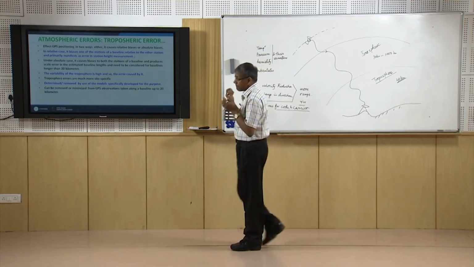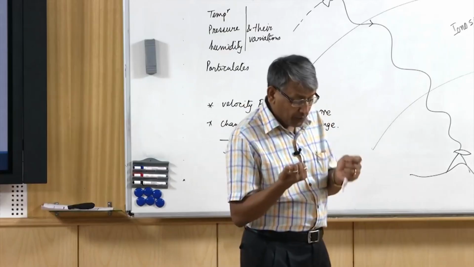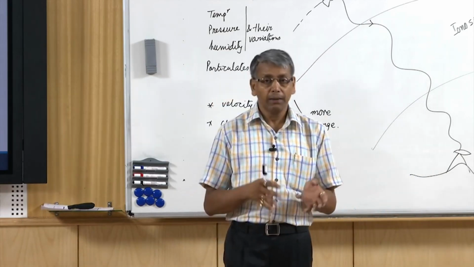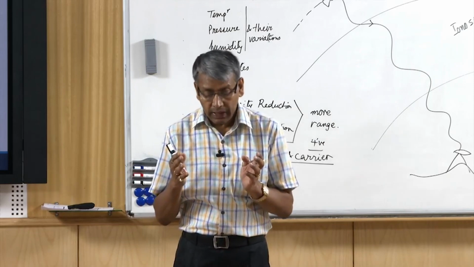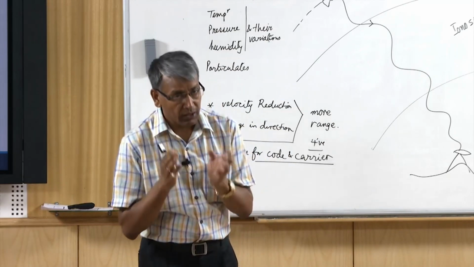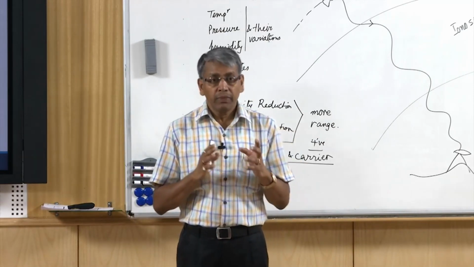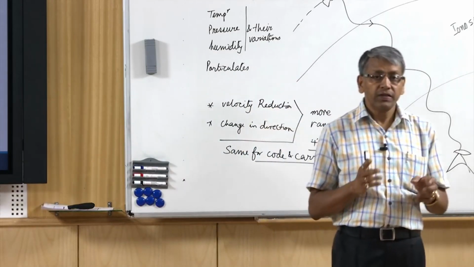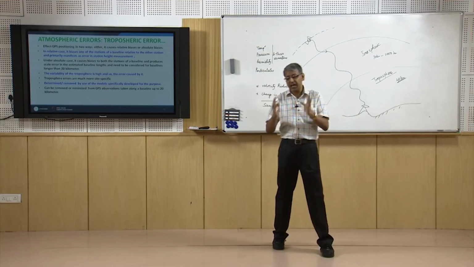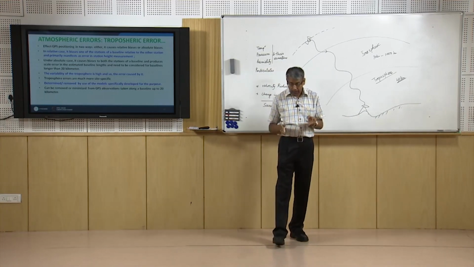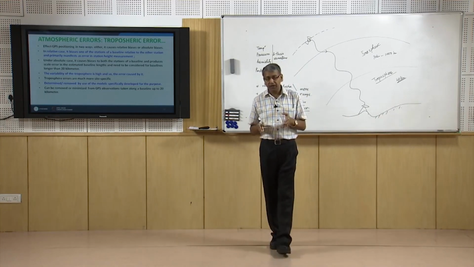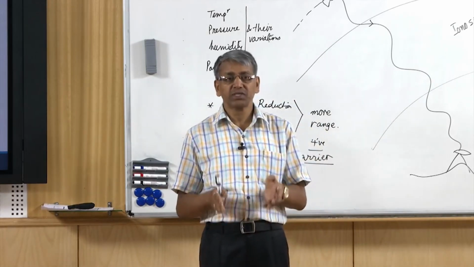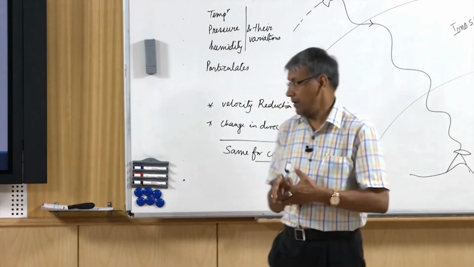Over and above, the tropospheric error may be minimized or removed by developing some models. And one thing is important in case of troposphere, that the troposphere is very much site specific. So to deal with tropospheric error, it will be wiser to have a site specific tropospheric model.